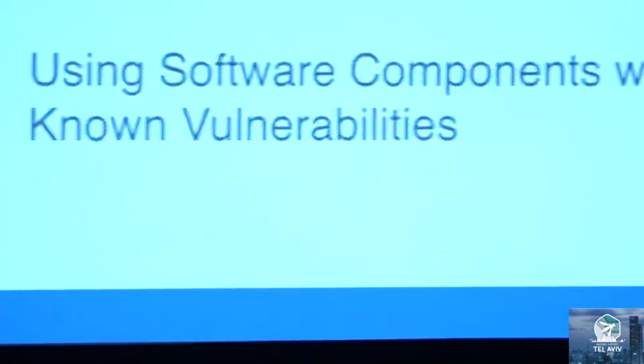It is difficult to upgrade, and all of this leads to a high level of technical debt. And that's where the problem is. The type of software that has this high number of vulnerable components is the type of software that has a high level of technical debt.